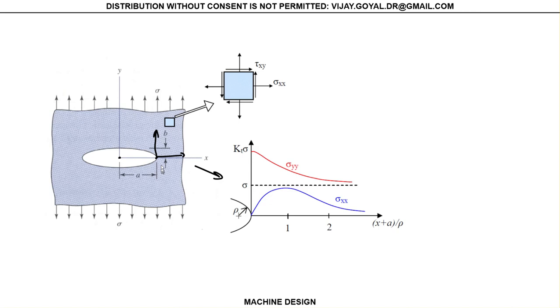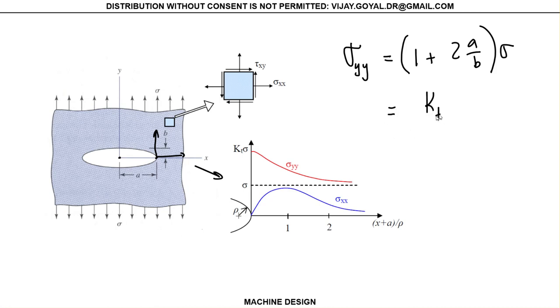If I just use your stress concentration factors, you can show that the stress concentration factor at this particular point looks like 1 plus 2 times A over B, times sigma, where A is the half-length of this ellipse and B is half of the width of the ellipse. This is what we learned in our previous topic. These are stress concentration factors.